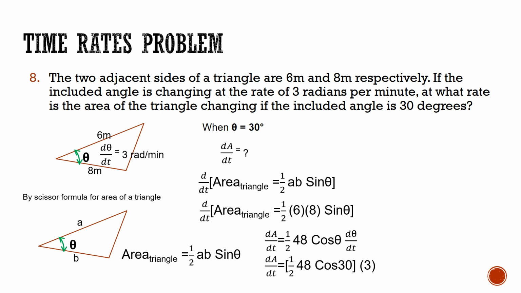By that, we just substitute the 30-degree angle as the condition in the problem, and finally come up with the change in area with respect to time, which is 62.35 square meters per minute. Okay, so that's it for number 8.